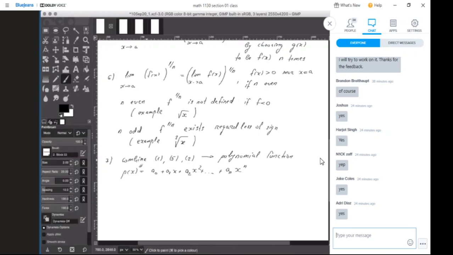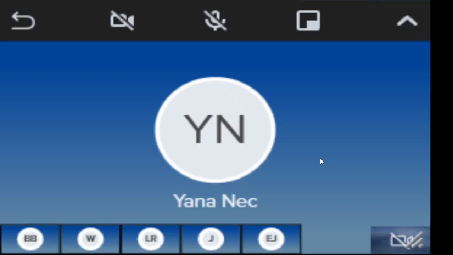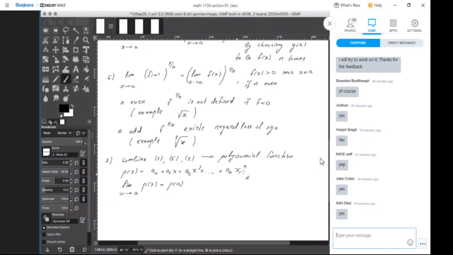And the limit as x approaches some designated value a of p of x will be simply p of a. All we will have to do is substitute the value a into all the occurrences of x and use these three rules combined together, this is what we will get. Okay?